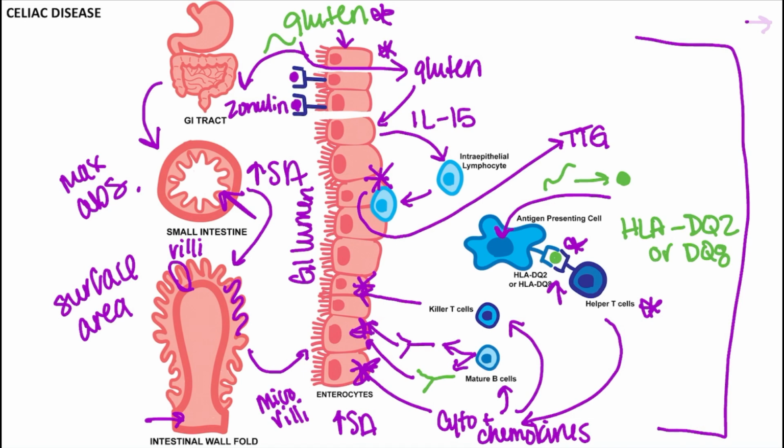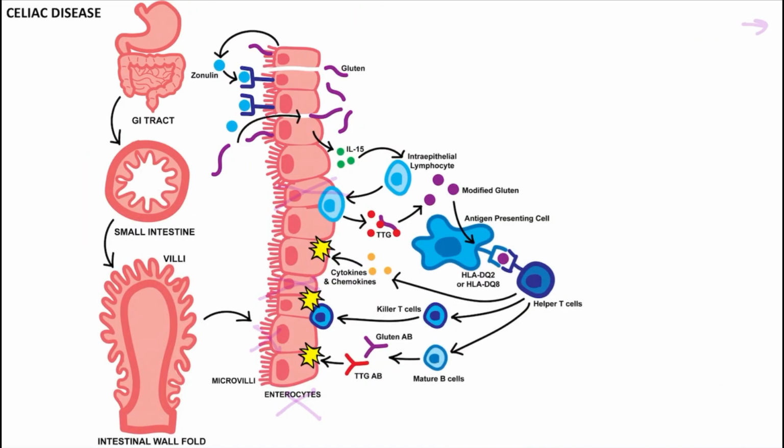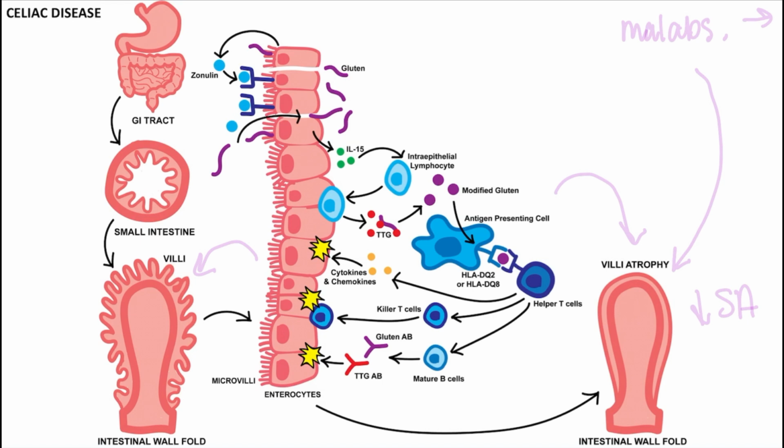Moving to the next slide. So all of these insults lead to a loss of enterocyte function through potentially microvilli and cell damage, or just a complete loss of the enterocytes altogether. Moving to the next slide. Additionally, this enterocyte damage and loss significantly impacts villi structures, and the result is villus atrophy.